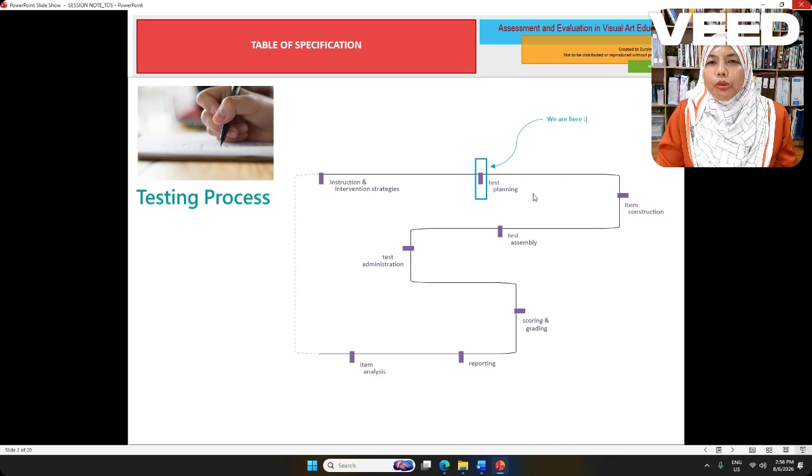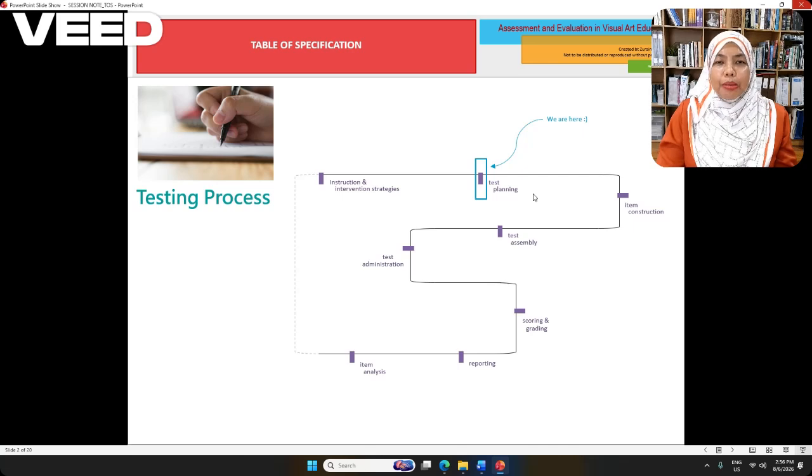Because when we develop test and examinations, there are learning standards that we must fulfill. And for each learning standard, there must be a sufficient number of items. We need to have various levels of taxonomy tagged by these items, and we need also to manipulate various item types.